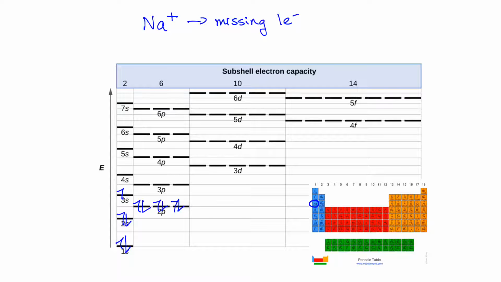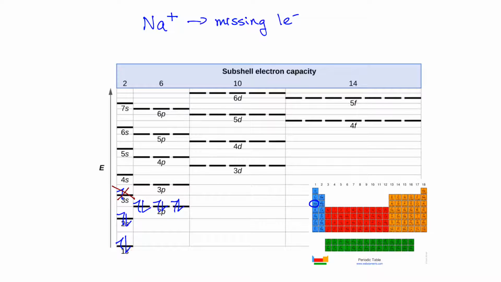Remember, we want the sodium ion, so what we want to do is take away 1 electron from our neutral situation. If we remove an electron, I'm going to take out the last one that I put in, which was the one in that 3s. And then what are we left with? We're left with 10 electrons, and they completely fill these subshells.